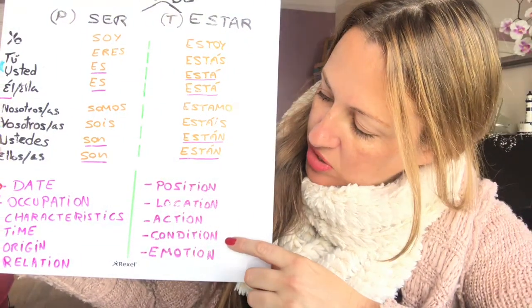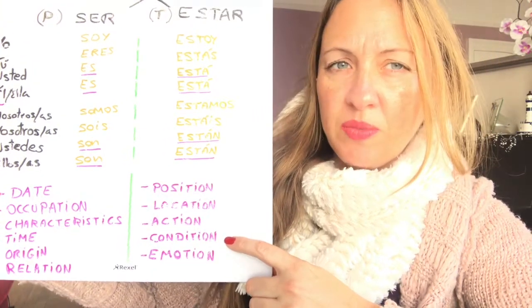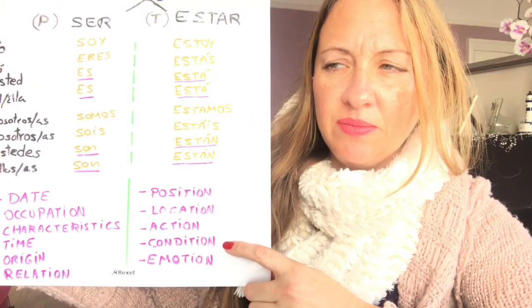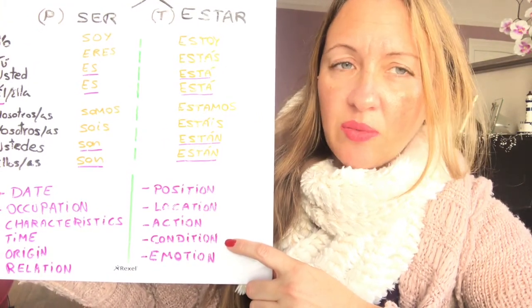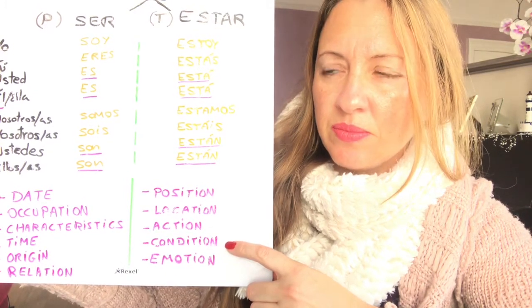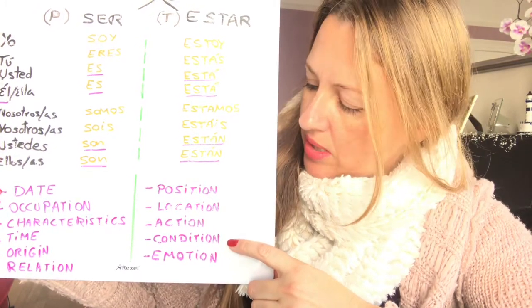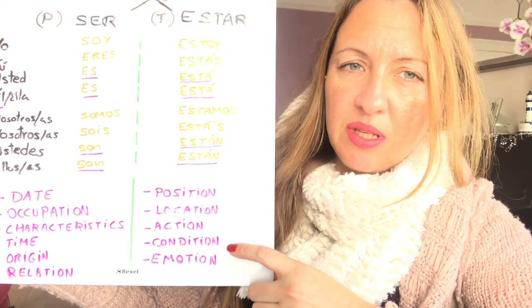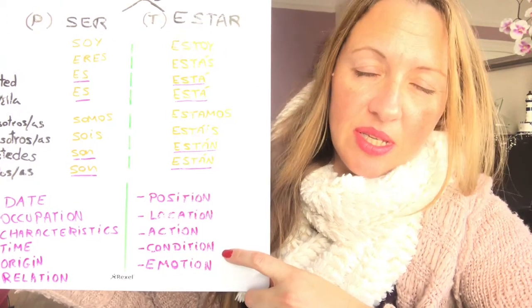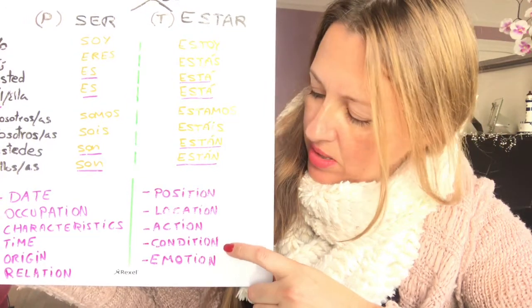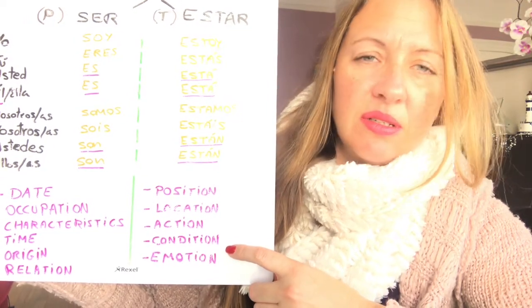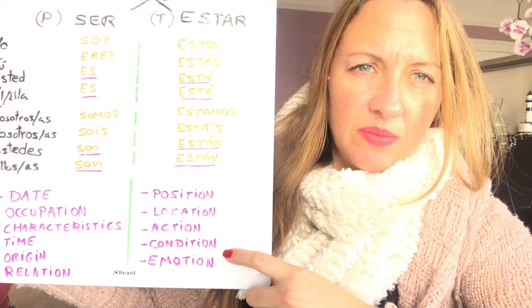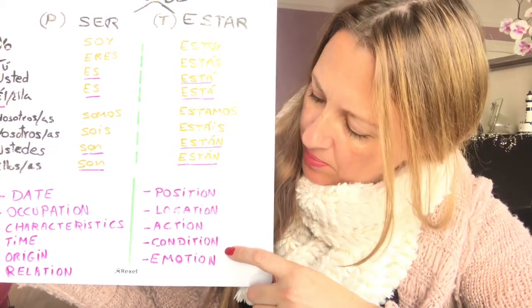Then we have condition. Condition could be if somebody is ill or is unwell. So you would say estoy, even if it's a person that has a chronic illness. I'm just saying illness. I could say a different one, but we use temporary for that. Okay.